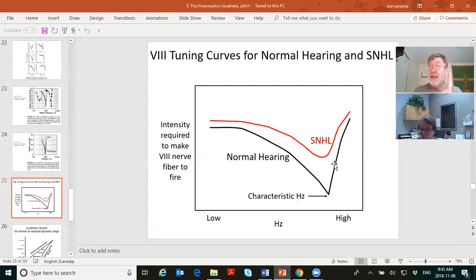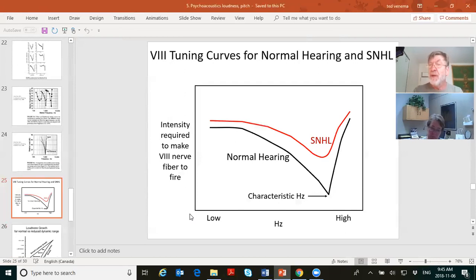You need more energy, more decibels, more intensity to get that neuron fiber to fire. But look at how round it is. So it means lots of frequencies around the favorite firing frequency can get that neuron fiber to fire.